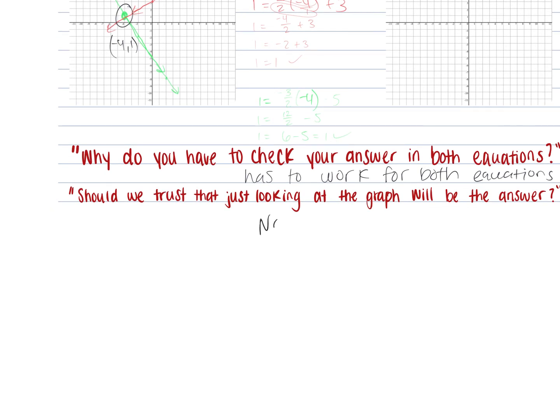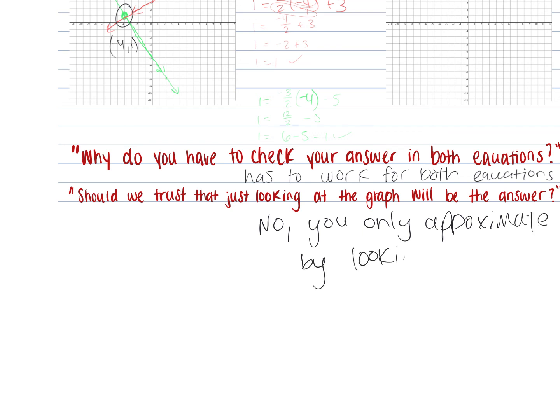And the answer is no. You only approximate by looking at the graph. We need to check afterwards. We always need to check because looking at the graph is just an approximation. If you want to be 100% sure, you have to check that answer.